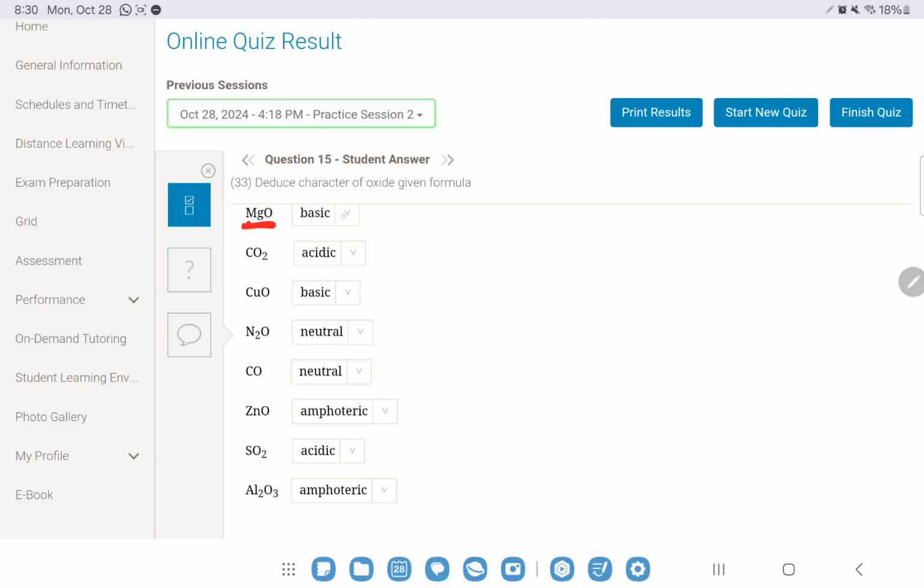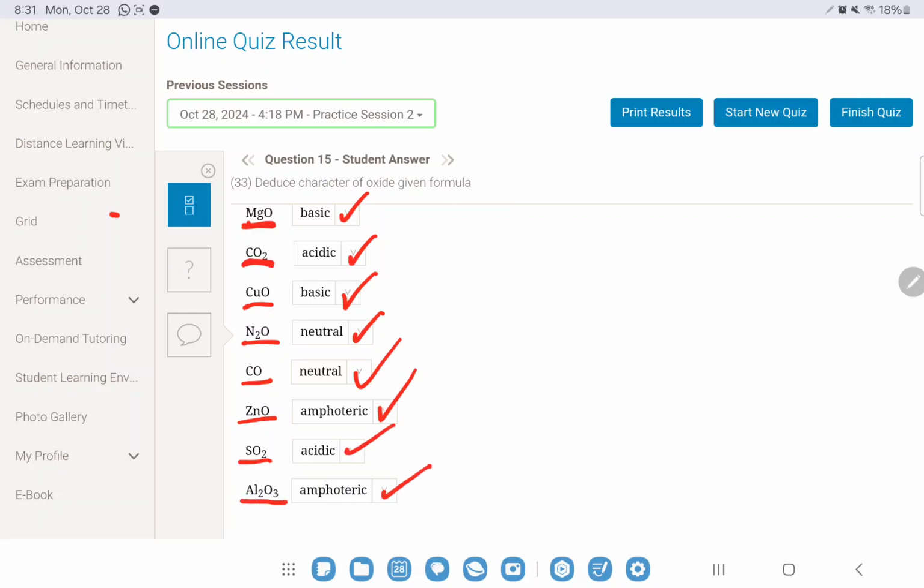Mg is a metal, so this is basic. CO2 is not a metal, and it's not one of our exceptions, so it's acidic. CuO, metal, basic. N2O, one of our exceptions, it's neutral. CO, one of our exceptions, it's neutral. ZnO, one of our exceptions, it's amphoteric. SO2, not an exception, and not a metal oxide, so it's acidic.